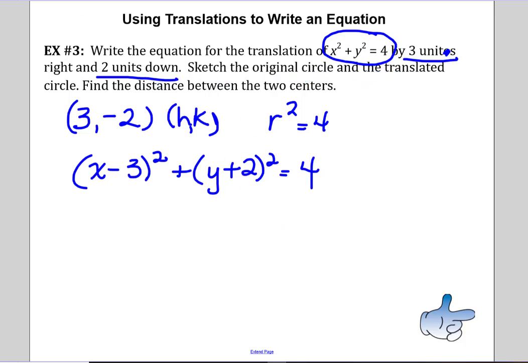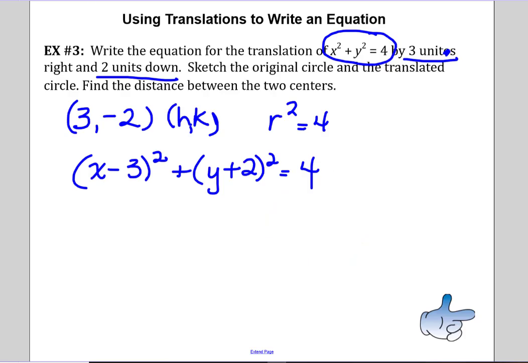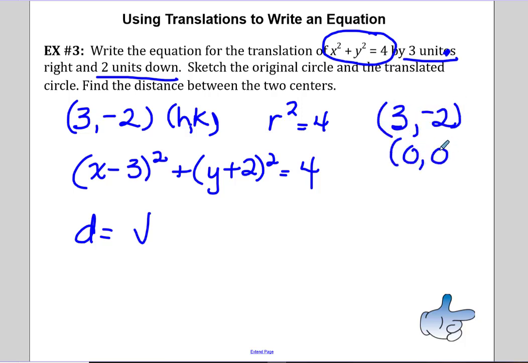So we'll come back here to find the distance, but I believe I've already got them drawn. This is the first one. This is the second one. They're asking us to find the distance between 0, 0 and 3, -2. So back to our working space. The distance is between 3, -2 and 0, 0.